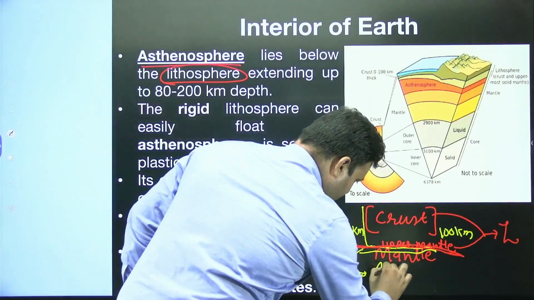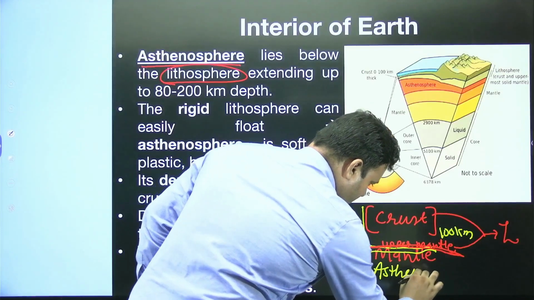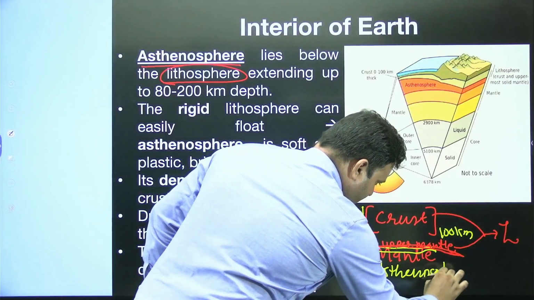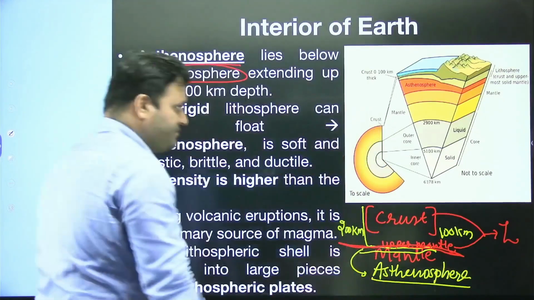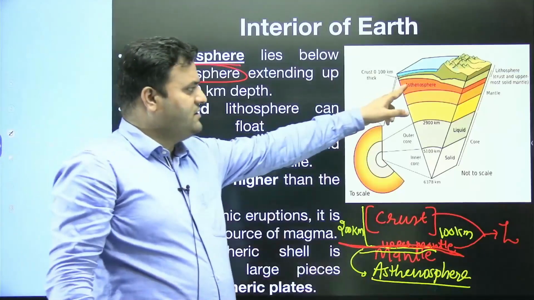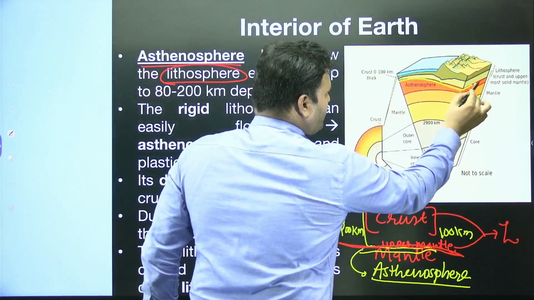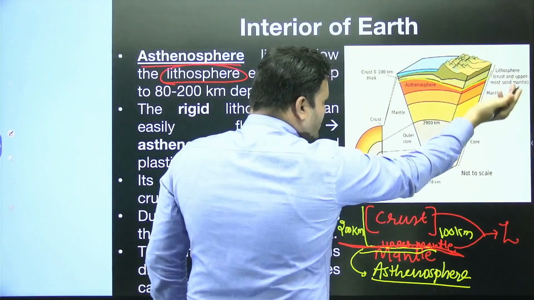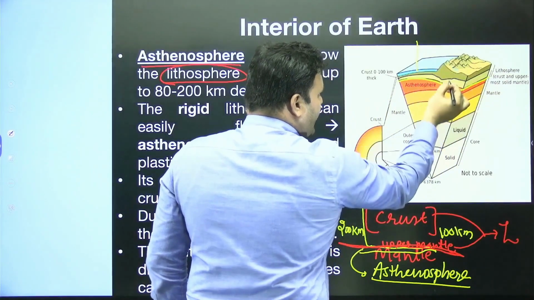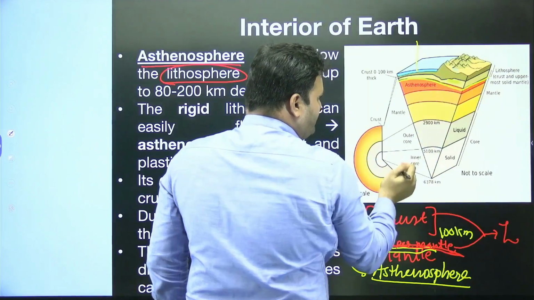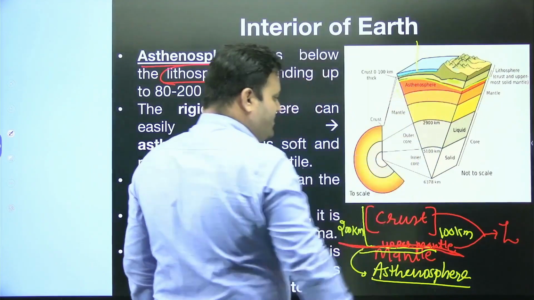Now what? Asthenosphere. Here you can see, this is the part of lithosphere. Lithosphere is comprised of crust and upper mantle, and this is the asthenosphere.